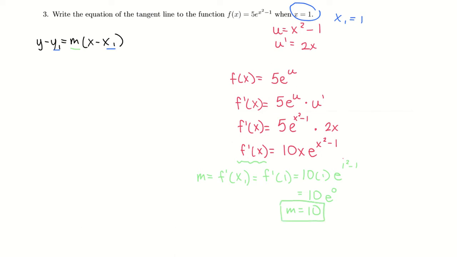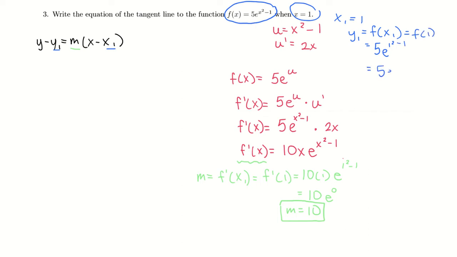The other thing that we need is y1. y1 we can find by plugging in x1 to the original function. So y1 is going to be f of x1, which is 5e to the 1 squared, since we're plugging in 1, minus 1.